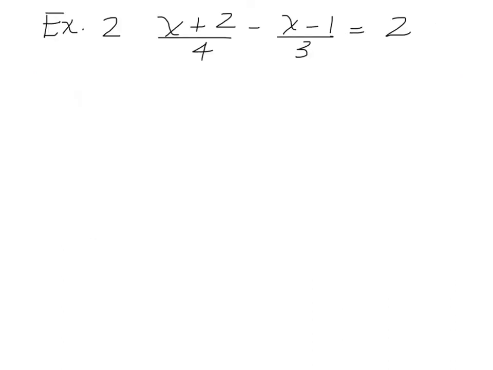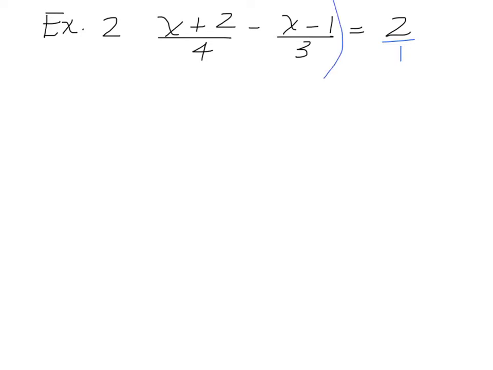Here's an example of solving a linear equation with fractions. You want to look at your denominators. You want to multiply everything by your least common denominator, which in this case will be 12.